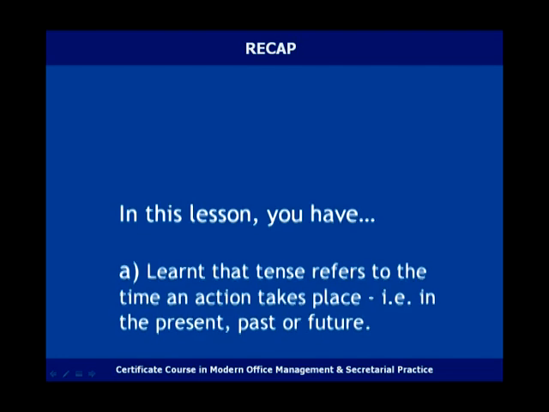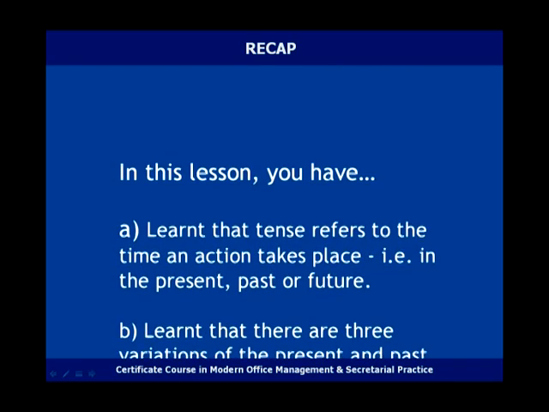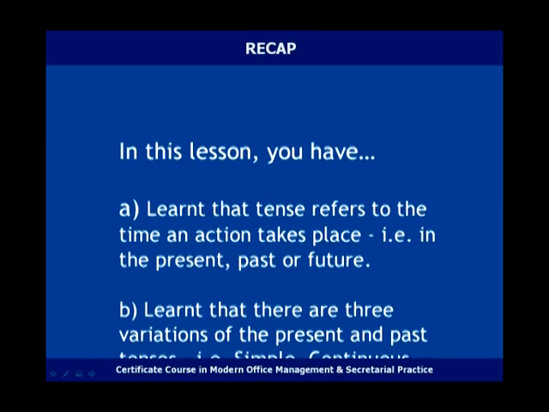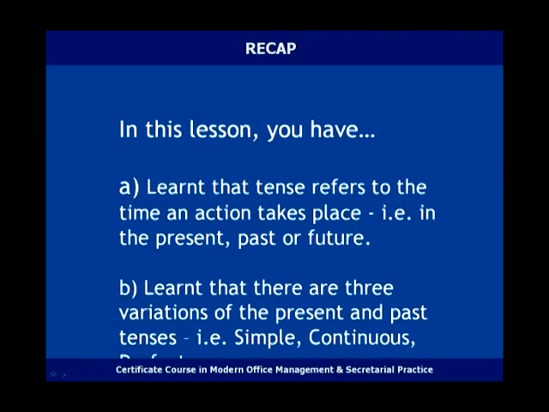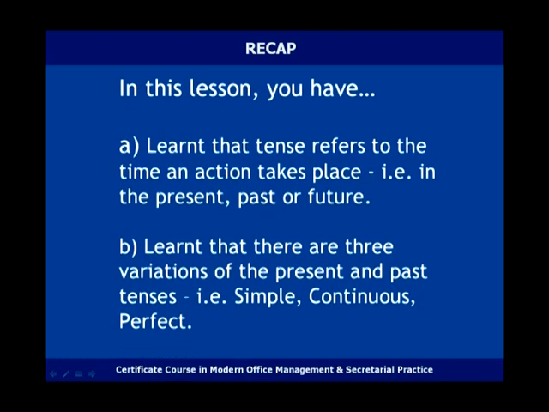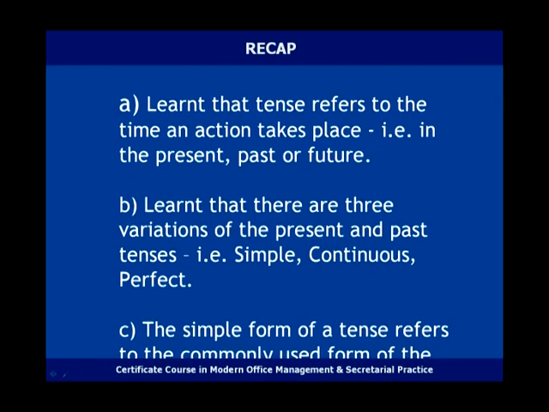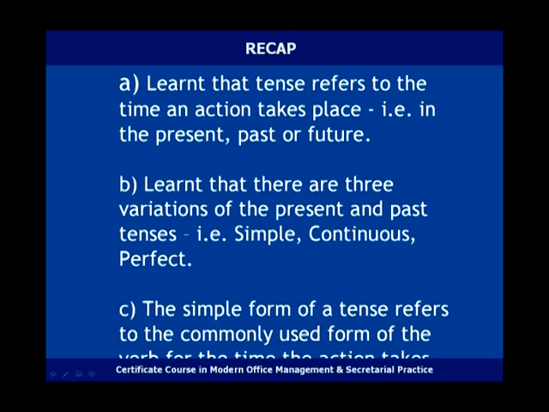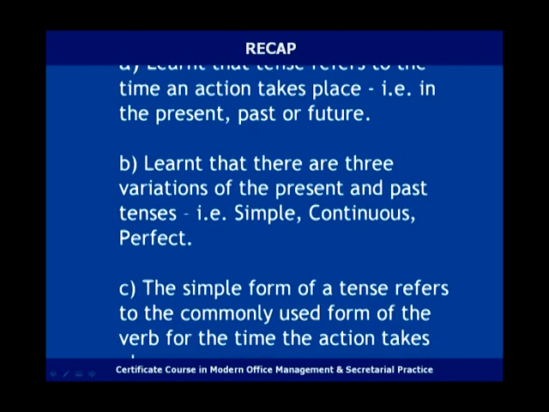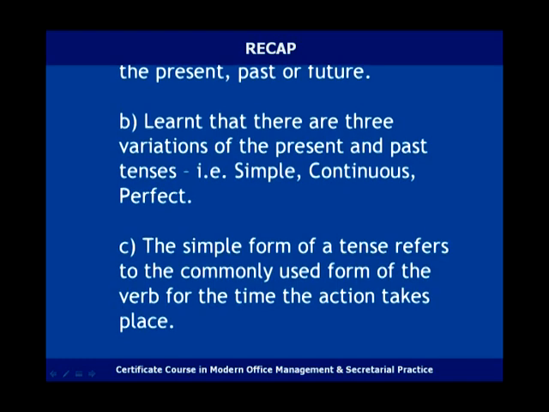We shall now review what you have learned. In this lesson, you have learned that tense refers to the time an action takes place, that is, in the present, past, or future. You have learned that there are three variations of the present and past tenses, that is, the simple, continuous, or perfect tenses.